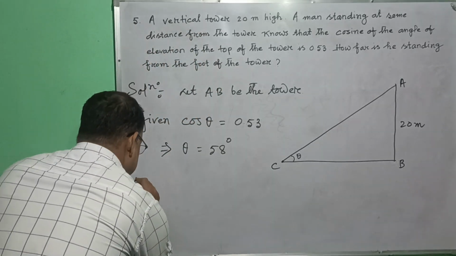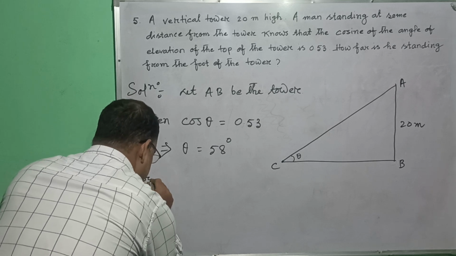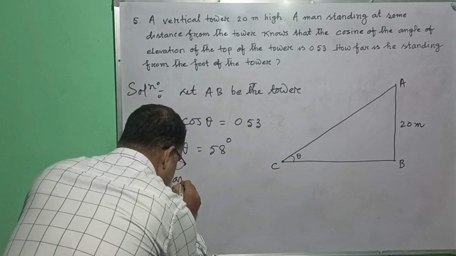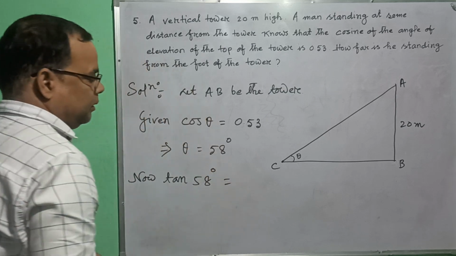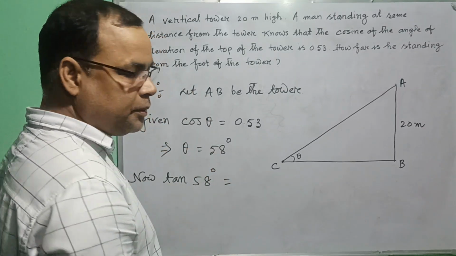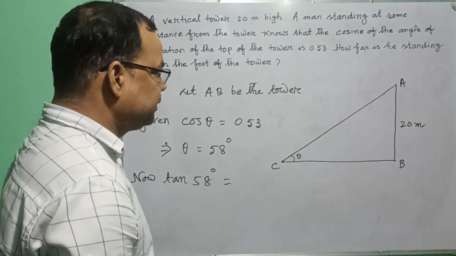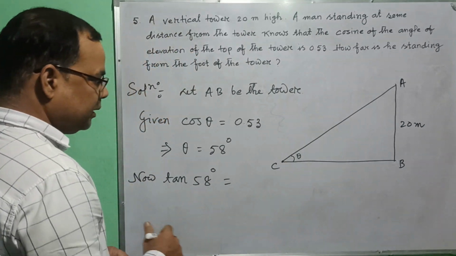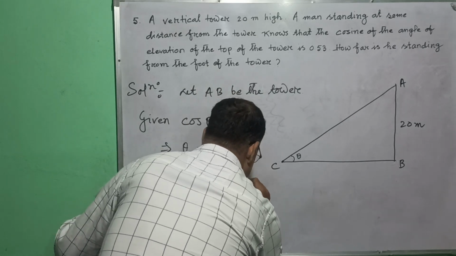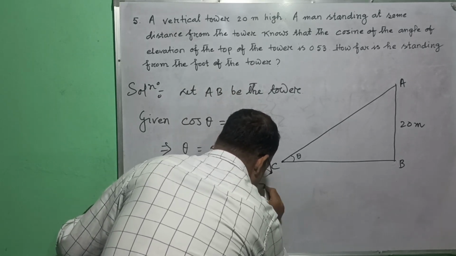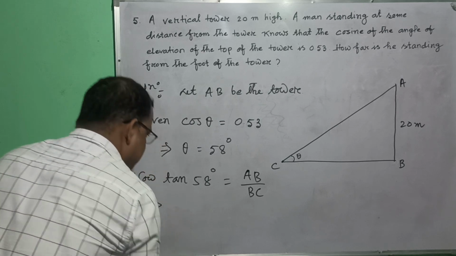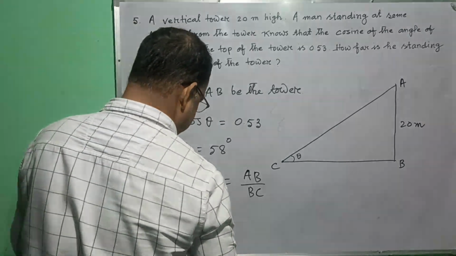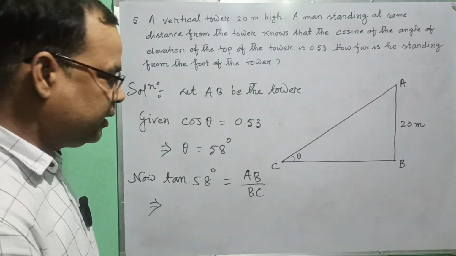Now we can write tan 58 degree equal to perpendicular by base, so here it is AB by BC. Now what is the value of tan 58 degree?